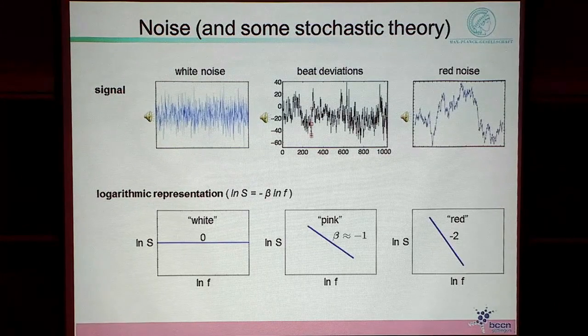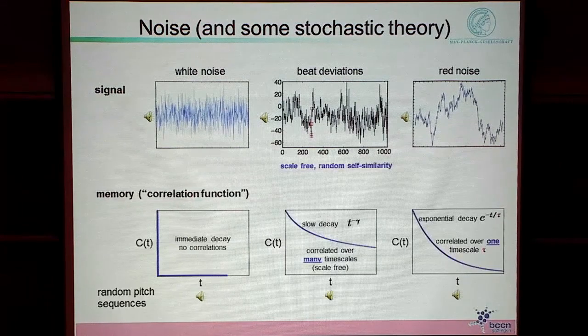There is another quantity in stochastic theory I would like to introduce. That's the so-called correlation function. It's also some kind of memory. What is a correlation function? It tells us how much a beat deviation at some later time is related to an event that occurred earlier, at some time t earlier.